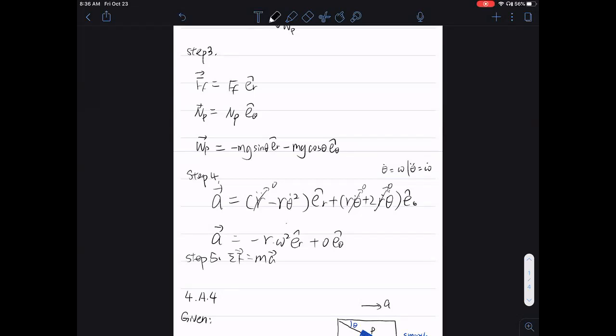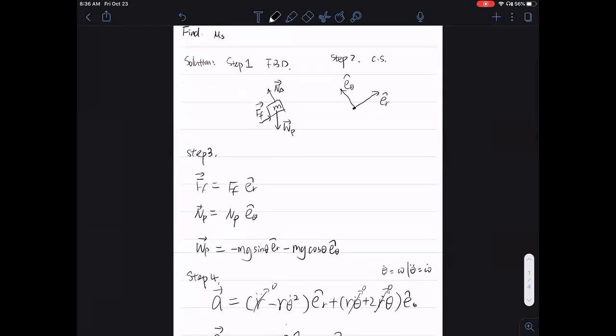Okay. Once you have the acceleration in vector form, I believe you can do the rest. Assemble the equation F equals ma and break it down into scalar equations to solve for unknowns.